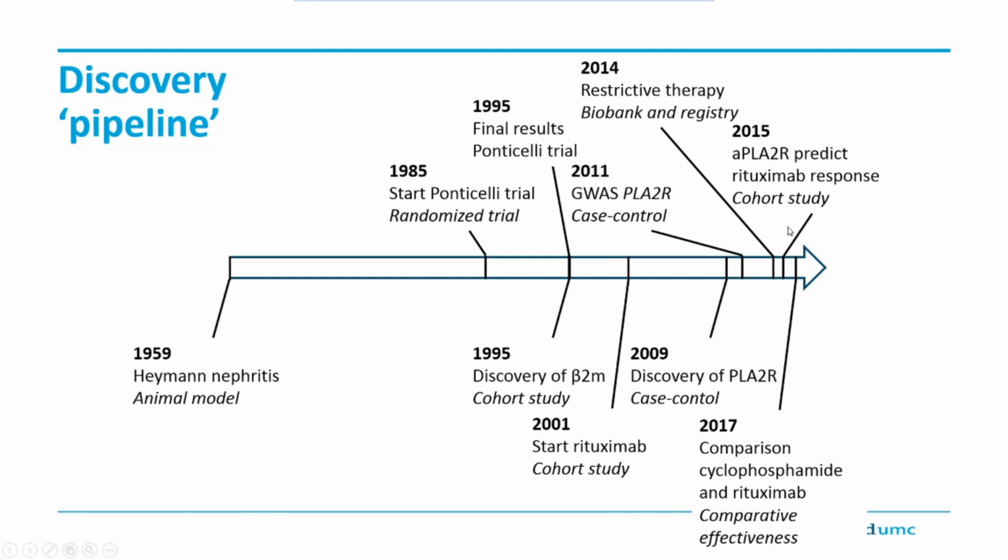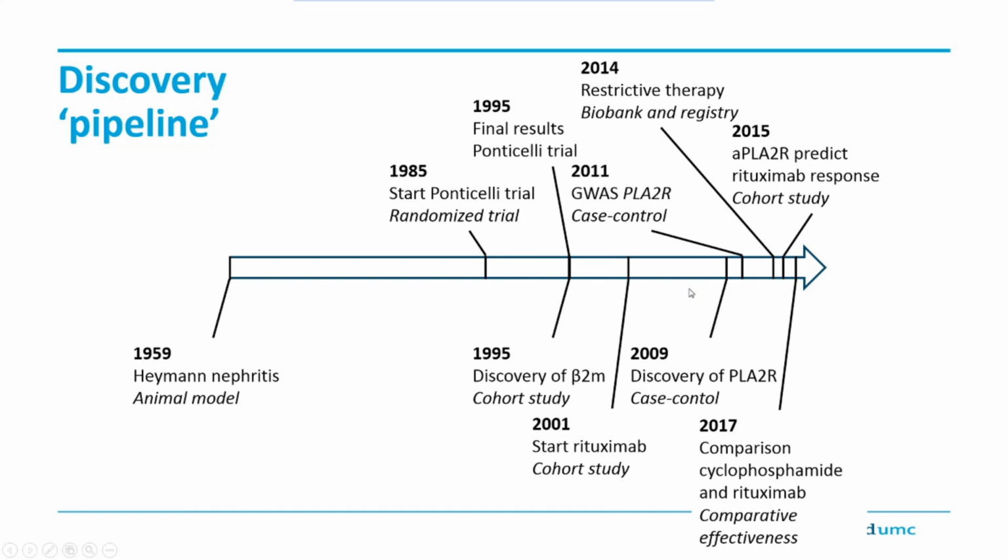So this is sort of a haphazard discovery pipeline. It is up to you after this course to make sure that this haphazardness is reduced, that we've got a clear idea from the start how to personalize the treatment of disease, so it doesn't take us 50 years to get the best treatment, even for rare diseases.